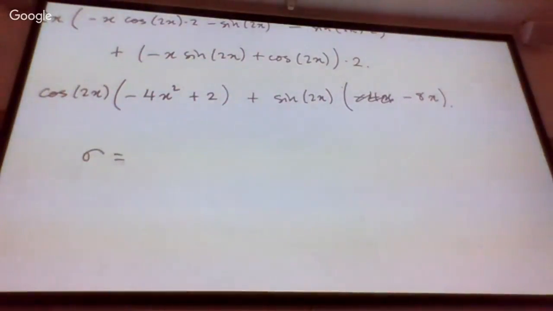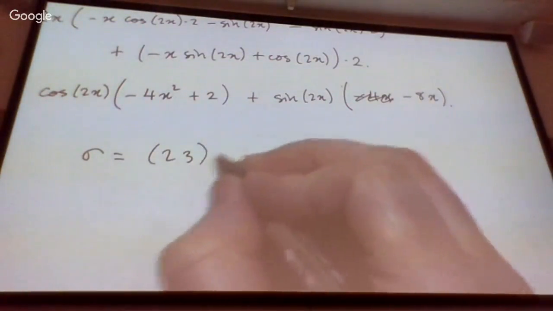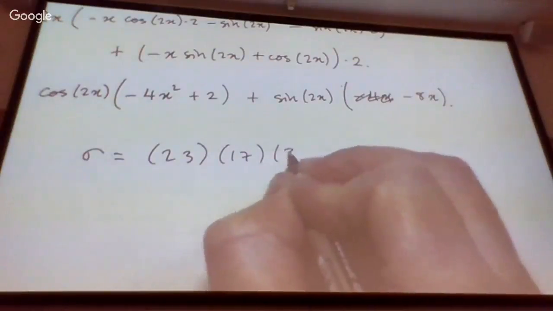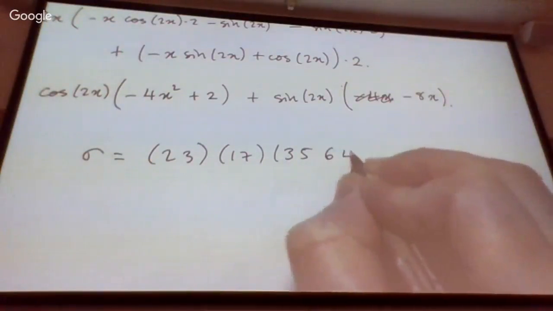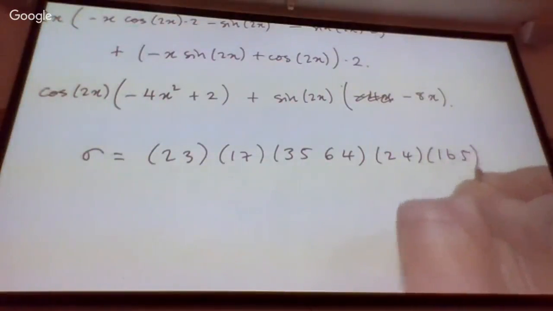So sigma is equal to, let's just write down what it is, (2 3 1 7)(3 5 6)(4 2)(4 1 6 5).